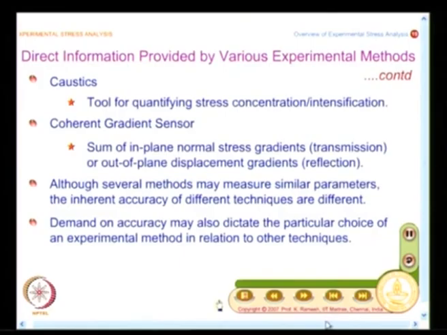Sometimes you may want a high accuracy. So, demand on accuracy may also dictate the particular choice of an experimental method in relation to other techniques, and everything costs money. If you want more accuracy, you need to pay more, and it may also take a little more time for you to get the result.